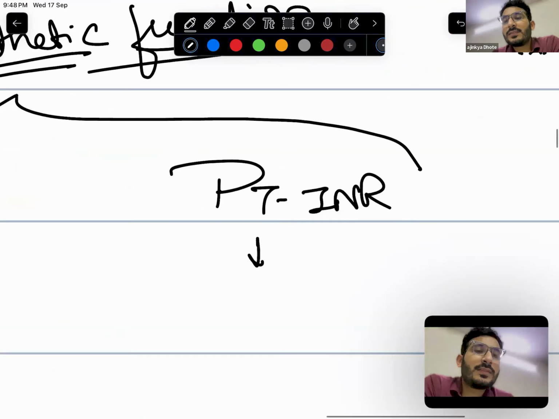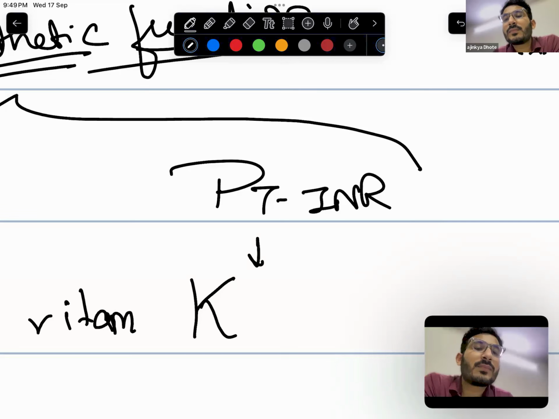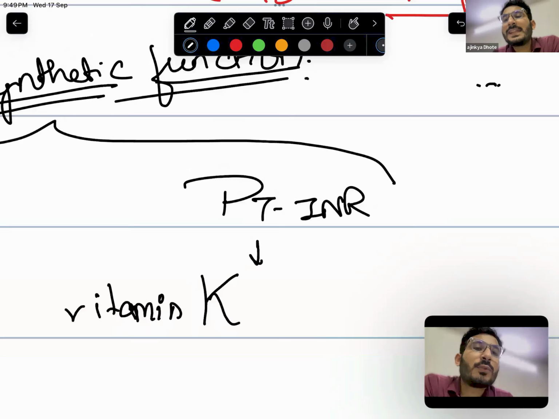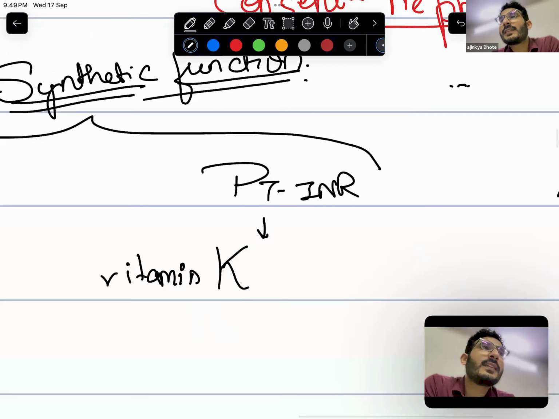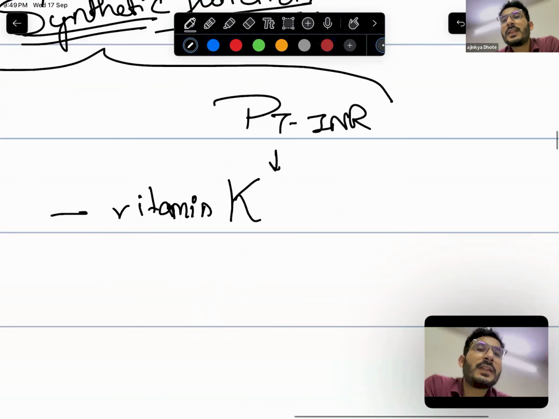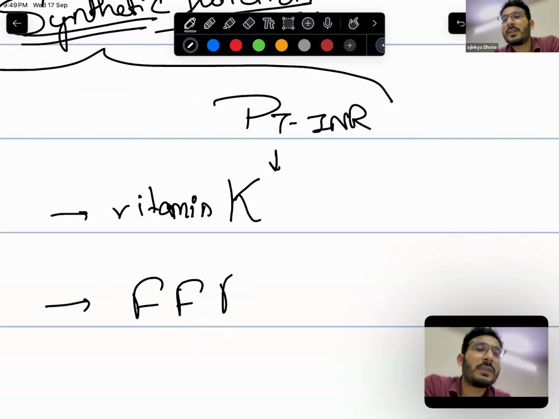These factors require a vitamin that you all know, vitamin K. So any patient who has some component of liver injury or liver disease and whose INR is deranged, we try to correct it with two things: one is vitamin K, and second is fresh frozen plasma, which is a quick source of extrinsic factors.